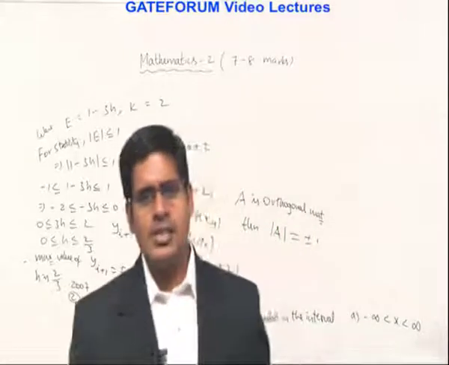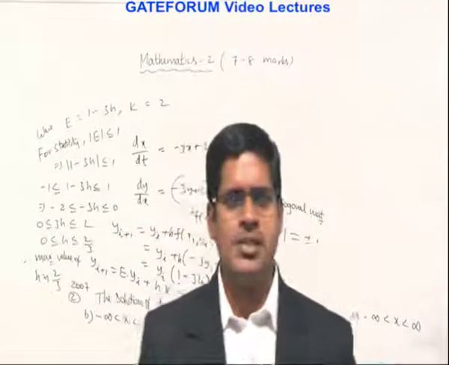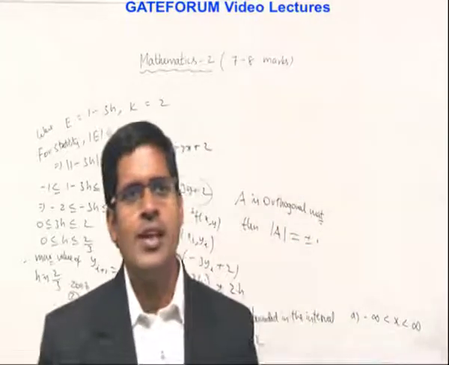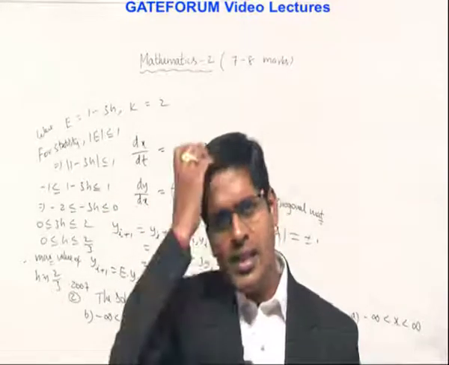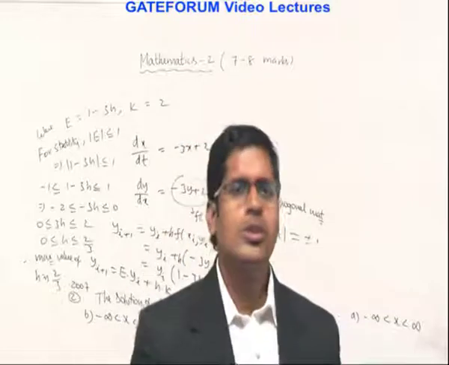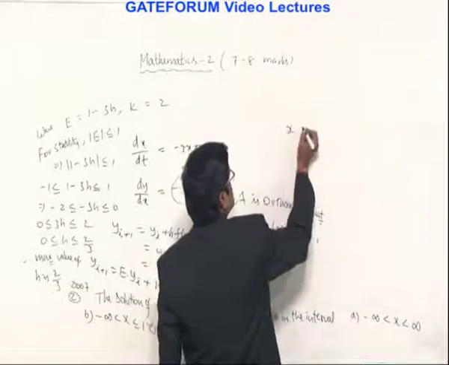Next, Marshall, a surface S of x comma y is equal to 2x plus 5y minus 3 is integrated once over a path consisting of the points that satisfy (x plus 1) whole square plus (y minus 1) whole square equals root 2. The integral evaluates to what? See, convert this into Cartesian coordinates.